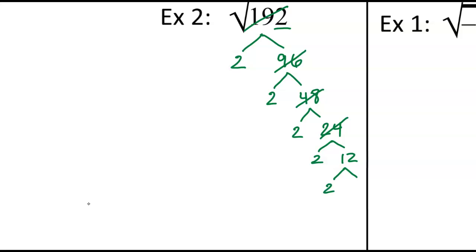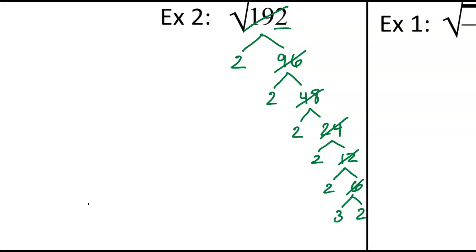What goes into 6? 2 and 3. Are we done factoring? Yes. Could we have made a shorter factor tree? Yeah, probably, by not dividing by 2 each time. But it's okay, it works. There are many ways you can create your factor tree, and each one is correct. It's just up to you.